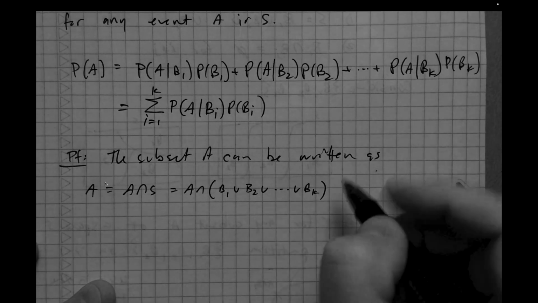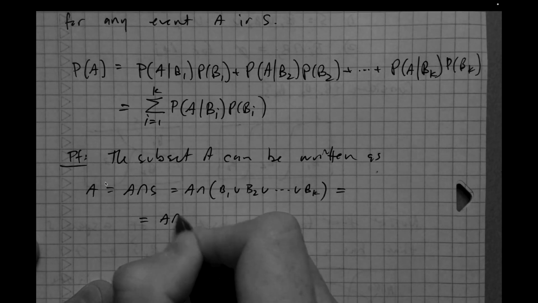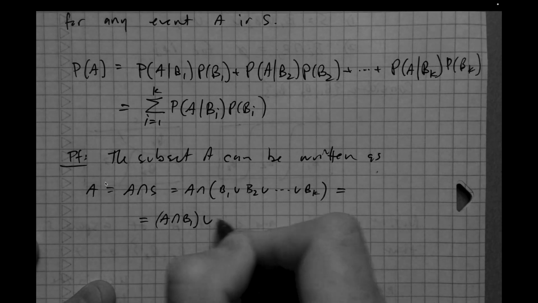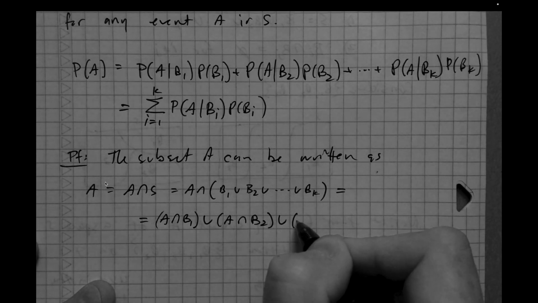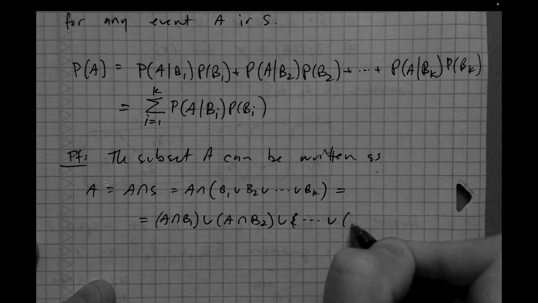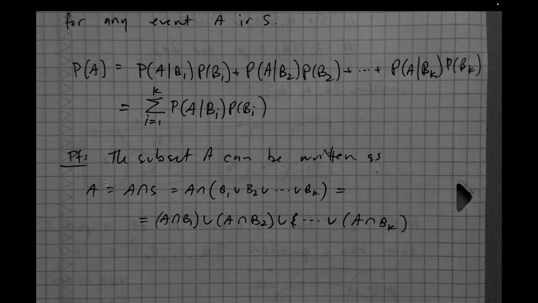And then just doing some set operations, we can see that this is equal to A and B1, or A and B2, or ... or A and BK. Okay, so this is the picture that we drew on the previous page. Here we're just extending it to some general K, but it's the same exact idea.